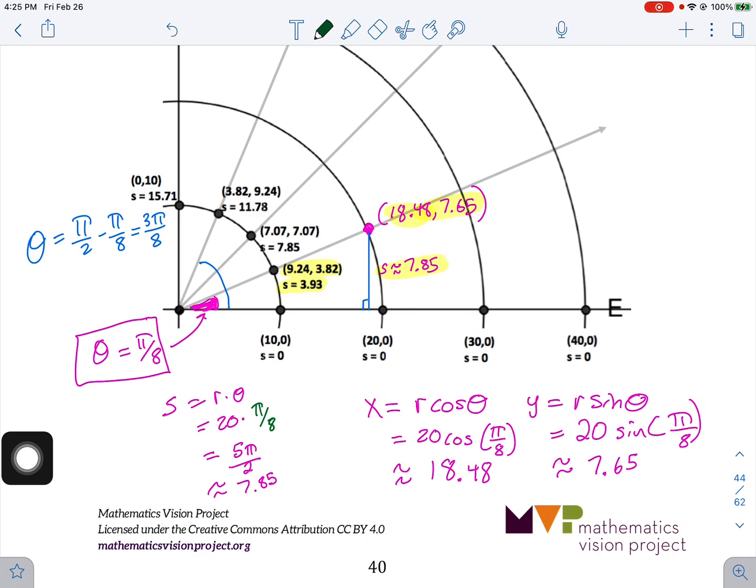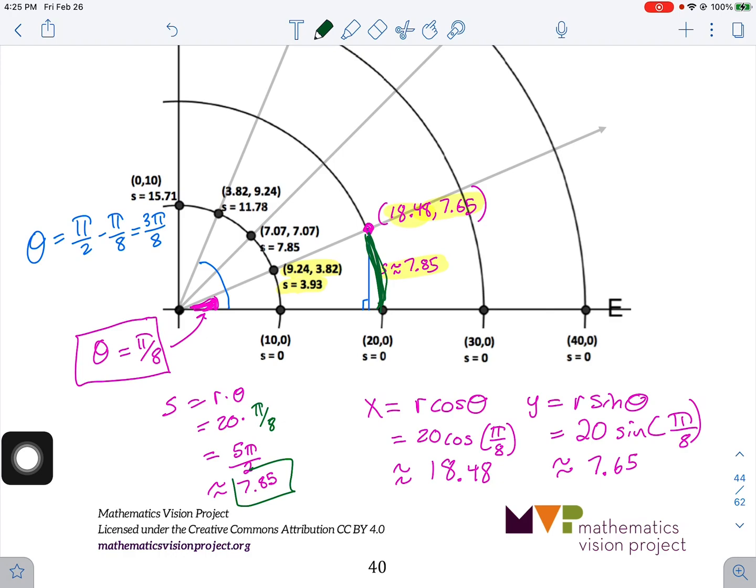And if you multiply that out, that arc is about 7.85. So again, we're taking a portion of the whole circle, which is 2 pi r, but we're only taking 1/16 of that, and so we're taking pi over 8, and we're multiplying it times the radius because it's the arc length, and that gives us approximately 7.85 for the distance.